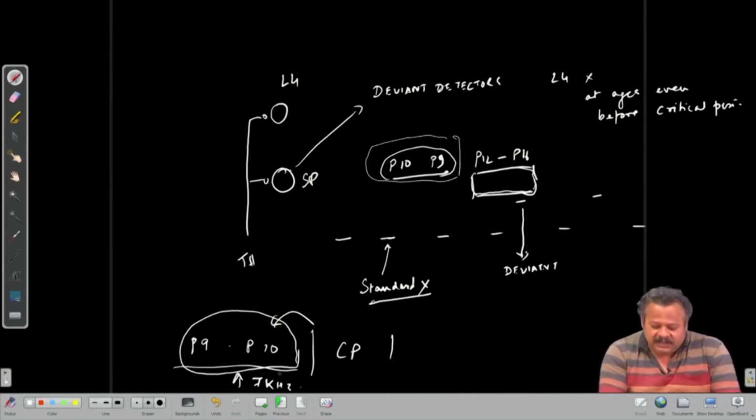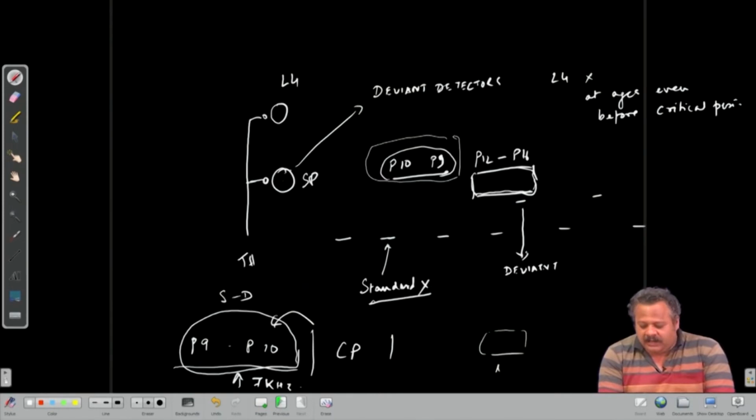So, in this case, what is observed is that before this critical period, if we do a standard deviant presentation, then later on, as an adult, we find that the responses to the deviant sound are altered.